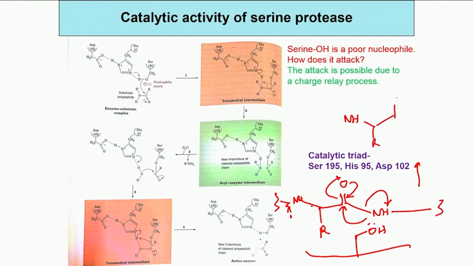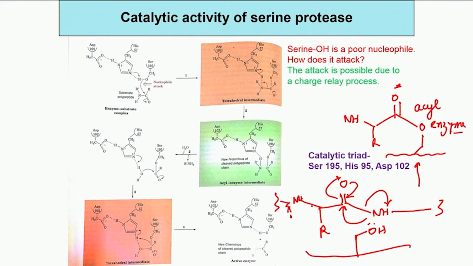That means it becomes actually a double bond O when the lone pair comes back again, and the enzyme is now tied up with this. So this is the acyl enzyme complex.